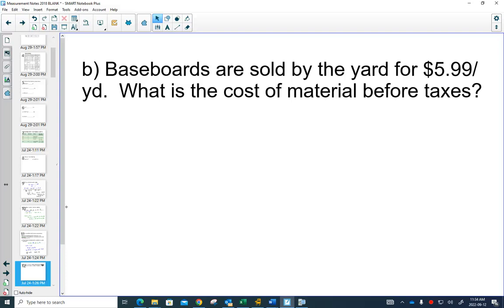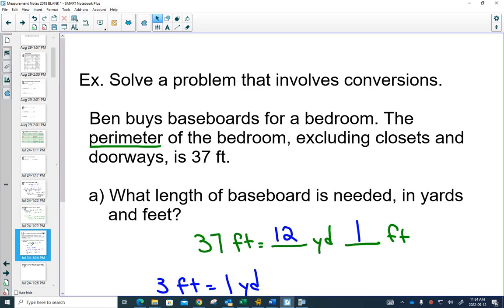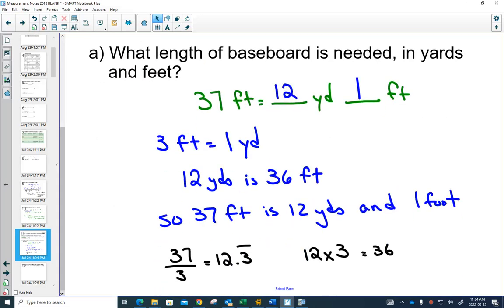Have you ever, either yourself or with your parents, done any kind of construction projects? Okay? When you go to the store, right? We found out here when we divided, let's just go back a second, we found out that we need 12.3 yards. Would they let you buy the 0.3 at the store? No. You have to buy full boards. Okay?